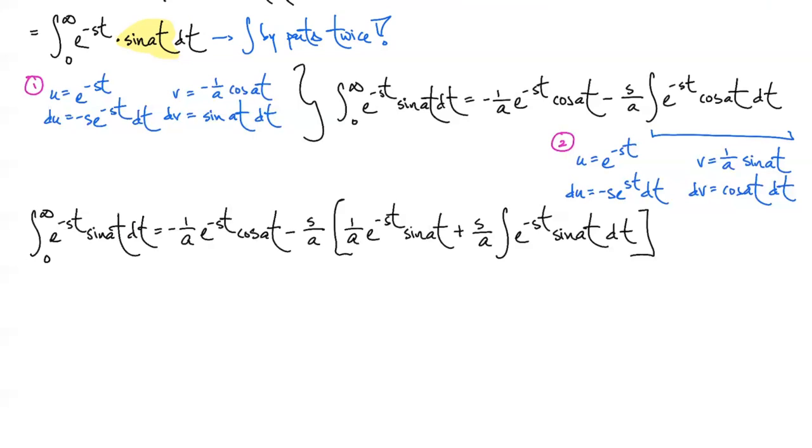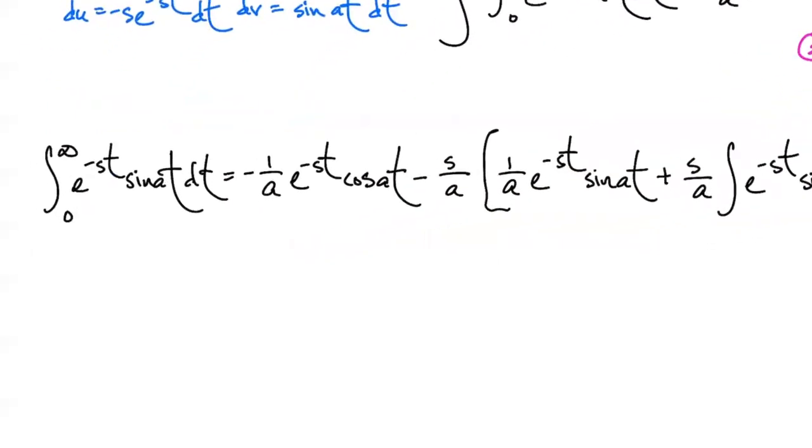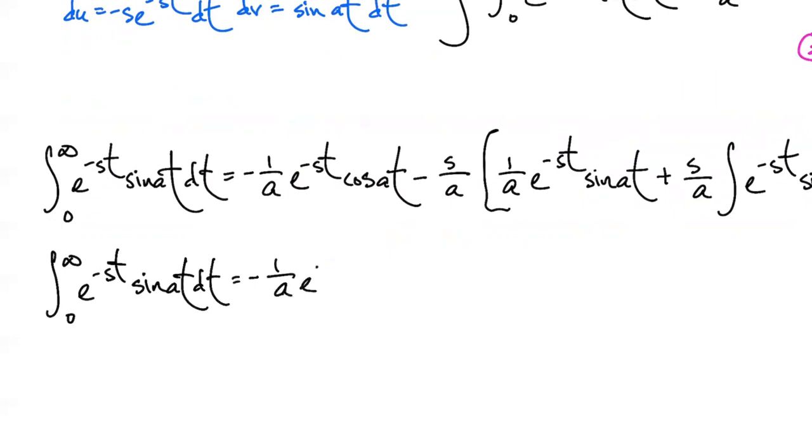So yeah, cool. Okay, so now we're going to keep grinding through the algebra. We're going to take this negative s over a and distribute it to the two things inside of the brackets, all right? So I'm going to go ahead and recopy this over. We've got our integral from 0 to infinity, e to the negative st sine of at dt equals negative 1 over a e to the negative st cosine at.